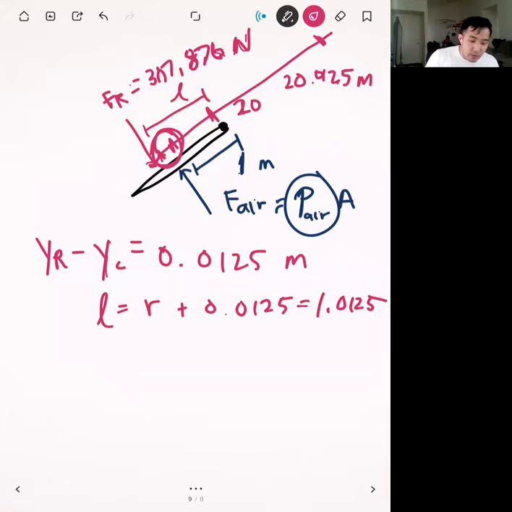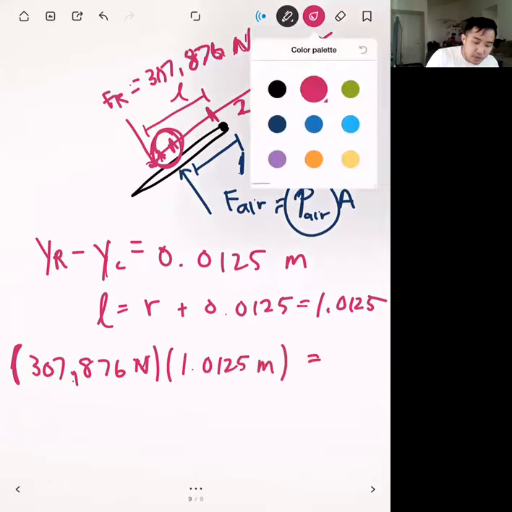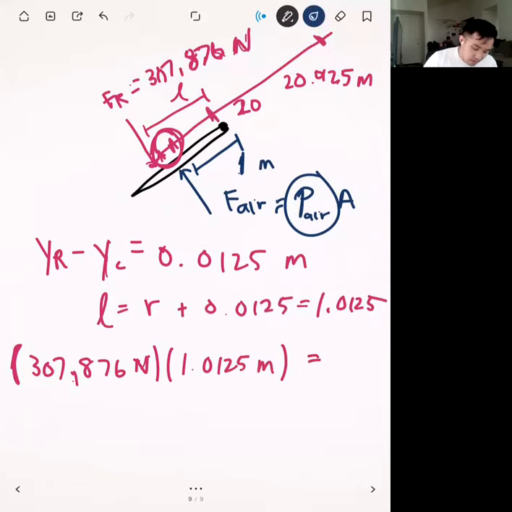First we have the moment from the water. So the moment resulting from the water is going to be 307,876 Newtons multiplied by the distance here, which we just computed, so it would be 1.0125 meters. And this has to be equal to the moment resulting from the air. That's going to be the force of the air, so P air times the area.